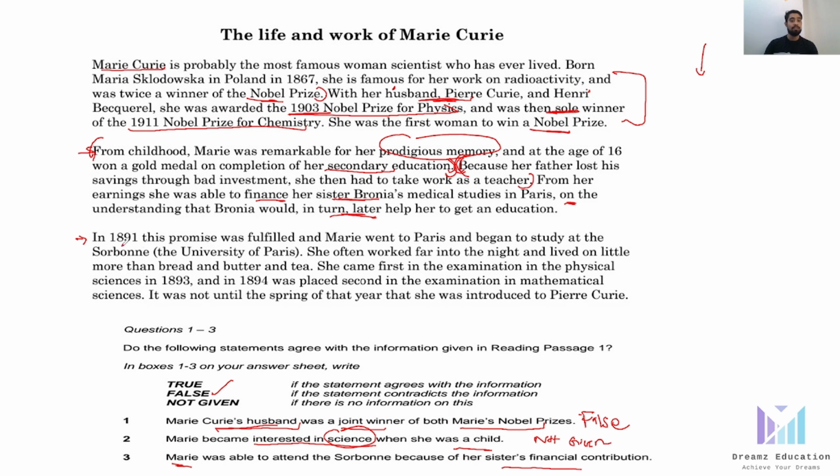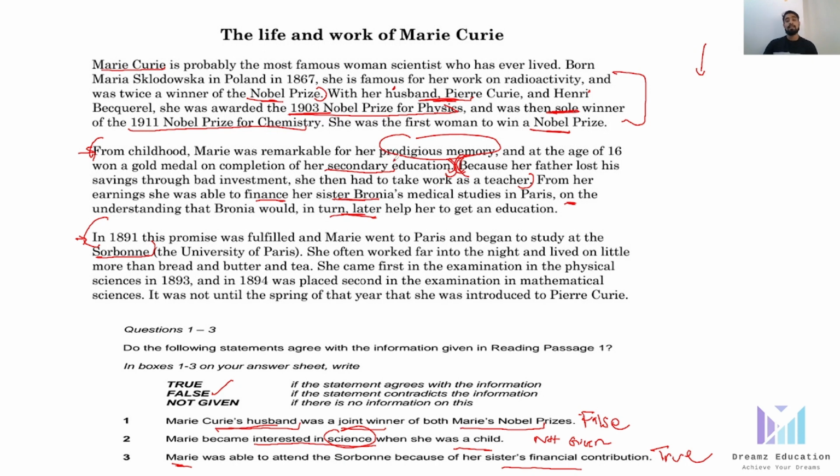In 1891, this promise was fulfilled and Mary went to Paris and began to study at Sorbonne. So they had an understanding that Bronia should help her later, correct? In 1891, this promise was fulfilled, and Mary went to Paris and began to study. So that means it is matching. Her sister helped her later to get her education. So the answer is true here.